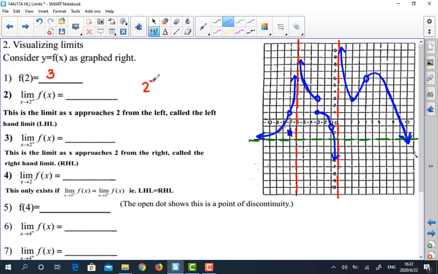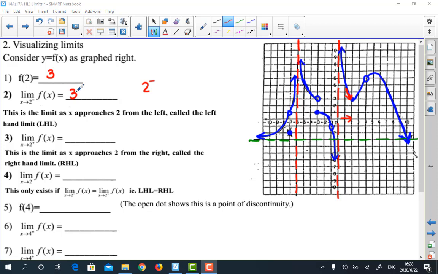This negative sign means x is approaching 2 from the left hand side. So let's look at the graph when x is approaching 2 from the left hand side. The y value is approaching 3.